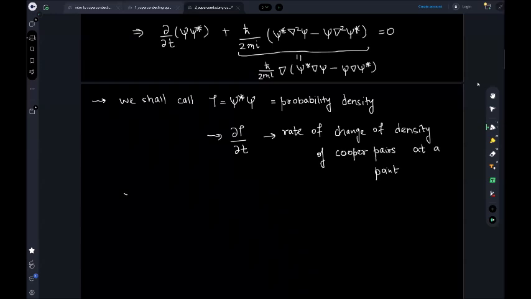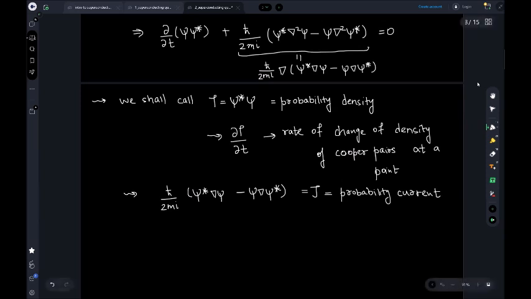We are going to call this quantity, which I've just written here, the probability current. Notice that there is no del operator here. I want you to take note of that.